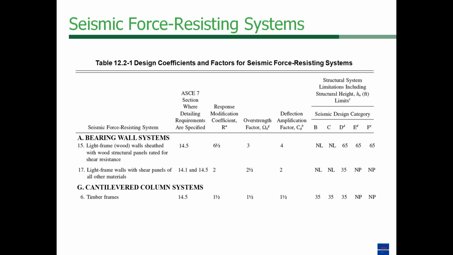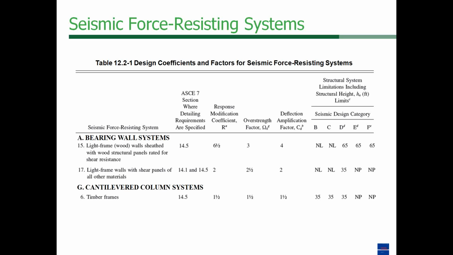12.2-1 of ASCE 7. Now, the most prevalent wood lateral resisting system is the wood frame shear wall, and you see in item 15 light frame wood wall sheathed with wood structural panels rated for shear resistance. Item 17 then are light frame walls with shear panels of all other materials, and those other materials commonly would be gypsum, stucco, structural fiberboard, and materials like that.